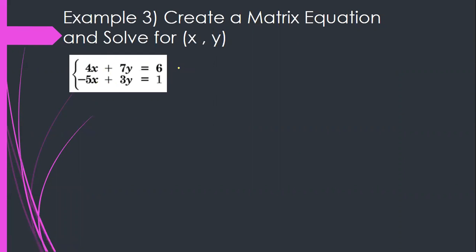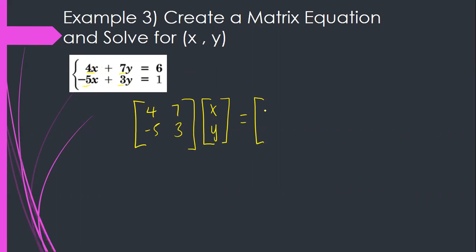The first thing we do is create our matrix equation. Remember, your coefficients become your first matrix. Our coefficients are 4, 7, negative 5, and 3. Your variables become your second matrix. Our variables are x and y. And your constants become your last matrix, which is 6 and 1.